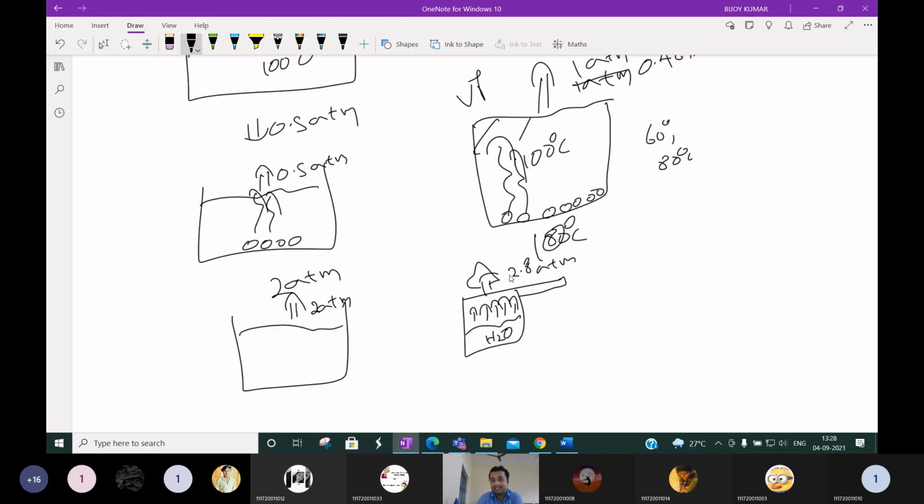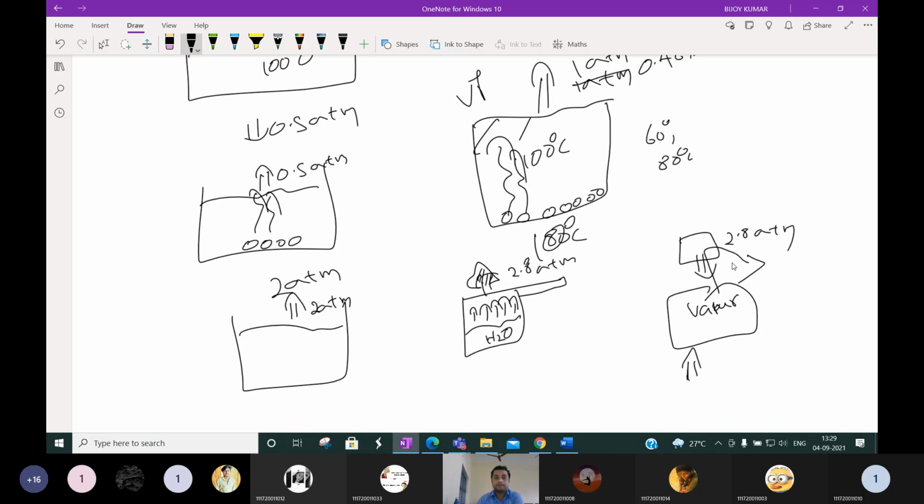So when this pressure exceeds this 2.8 atmosphere, the applied pressure on the whistle, suppose it is 2.8 atmosphere, and in the pressure cooker we are increasing the temperature, so more vapor will generate, and that vapor will create pressure. When the pressure created by this steam is greater than 2.8 atmosphere, then this extra vapor will come outside.